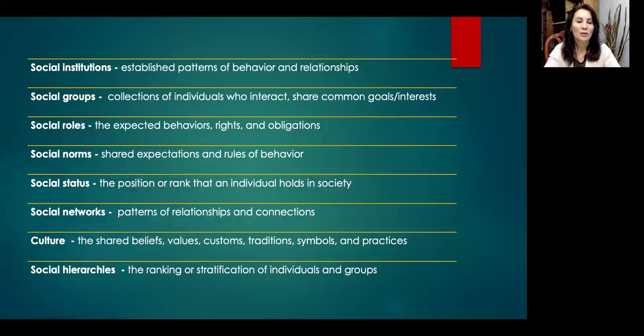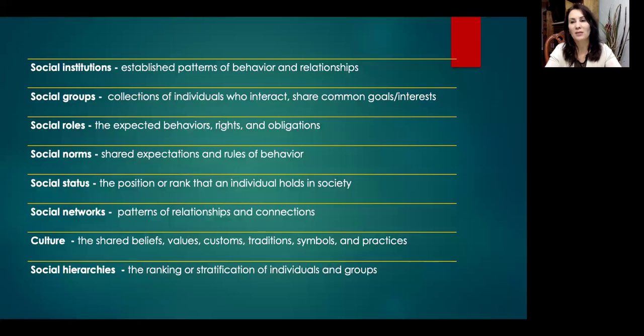And social hierarchies: the ranking or stratification of individuals and groups. We have all different kinds of social hierarchies, and they can be based on many things, such as positions held in a certain organization. It can be, for example, a group hierarchy or a religious hierarchy.